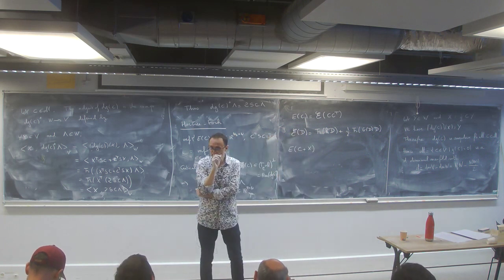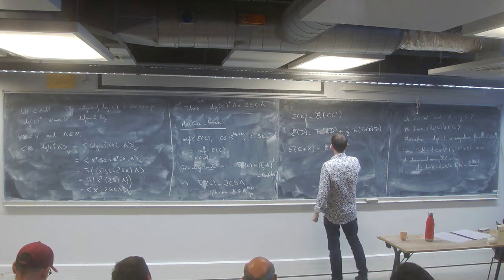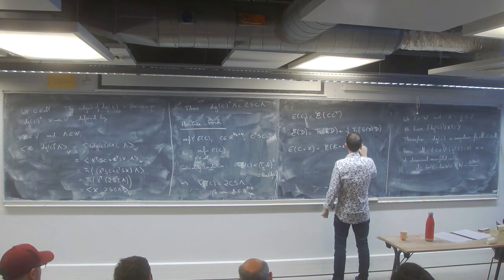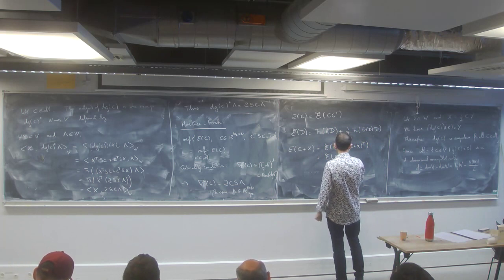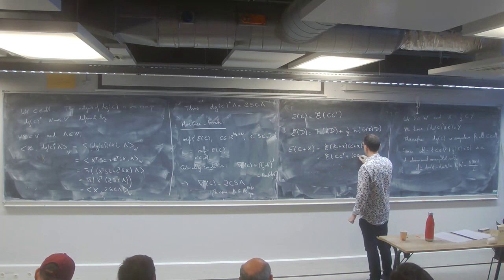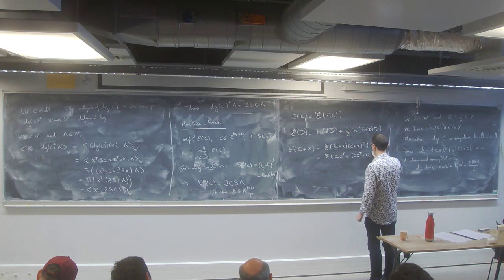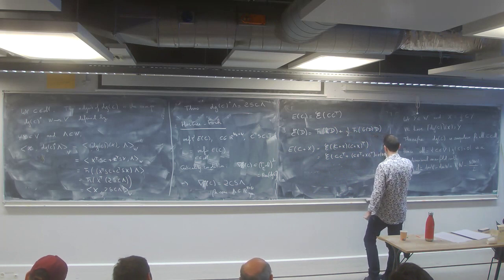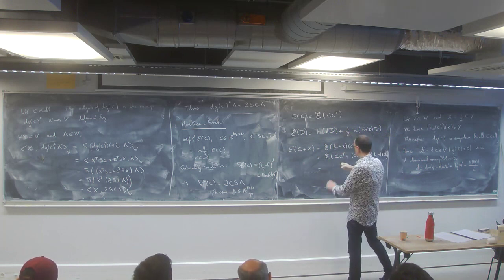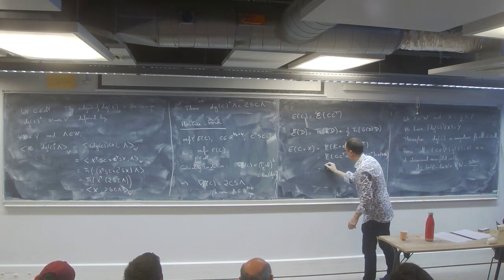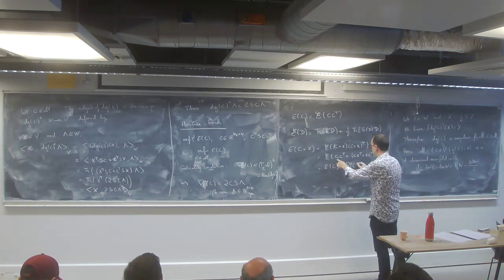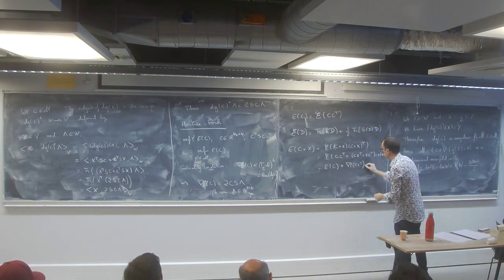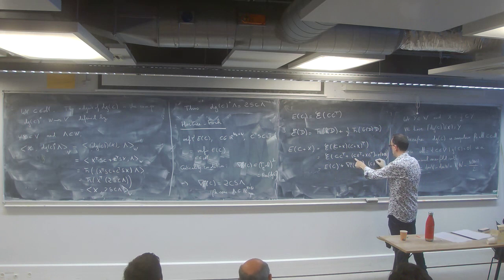So you make a small variation of C. So this is E of C plus X, which is curly E of (C plus X)(C plus X) transpose, which is CC transpose plus CX transpose plus XC transpose plus little o of X. And so this is curly E of CC transpose, which is E of C, plus the gradient of curly E at CC transpose applied to this guy, plus something small.